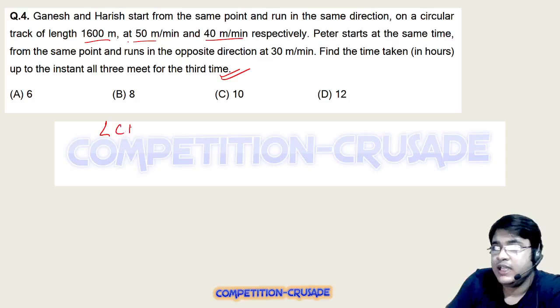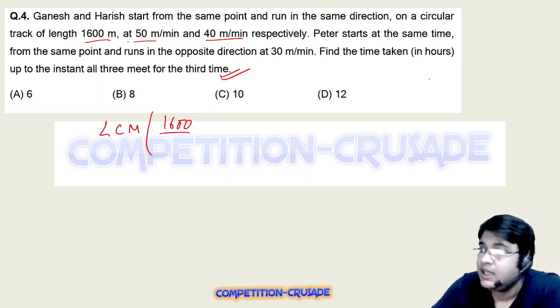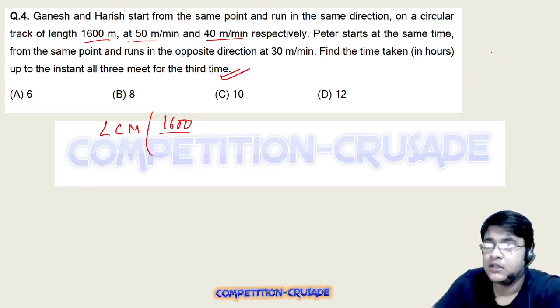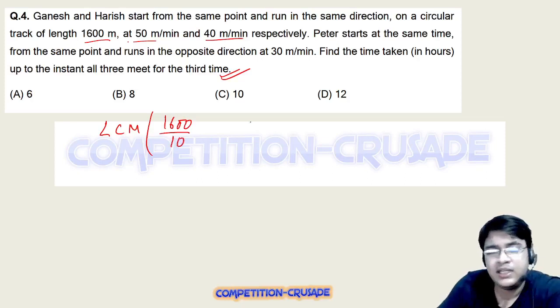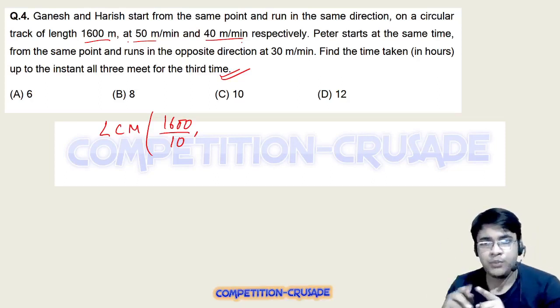That is going to be the LCM of the track length by the first two, which is 50 minus 40, because Ganesh and Harish are running in the same direction, so the relative speed will be the difference of their speeds. So I'll just simply write 10, and the LCM with, taking Ganesh only, 50 plus 30, since Ganesh and Peter are in opposite directions.